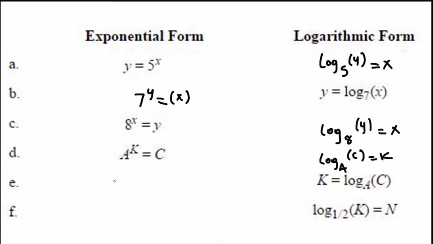And for that one, it would be a to the k equals c.